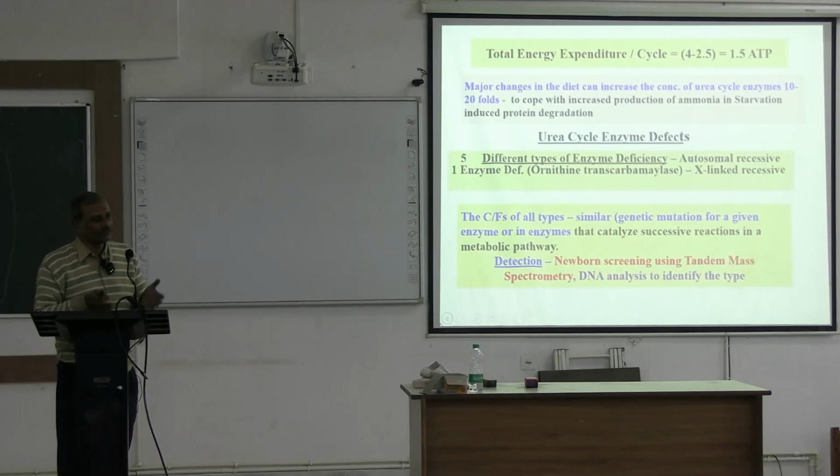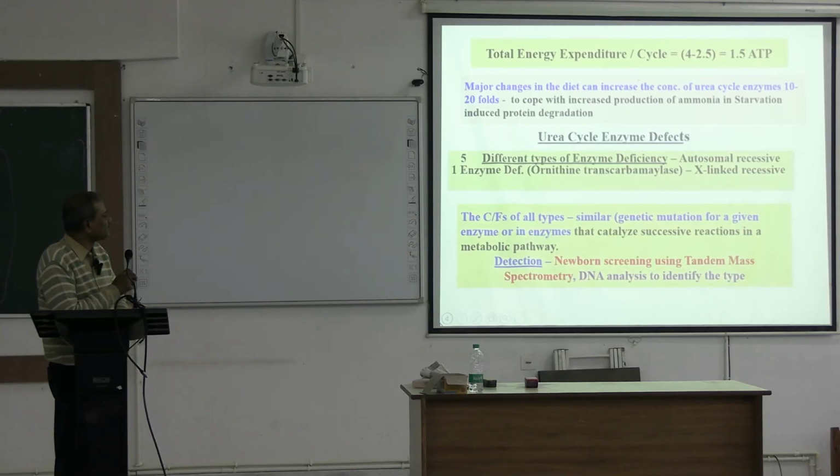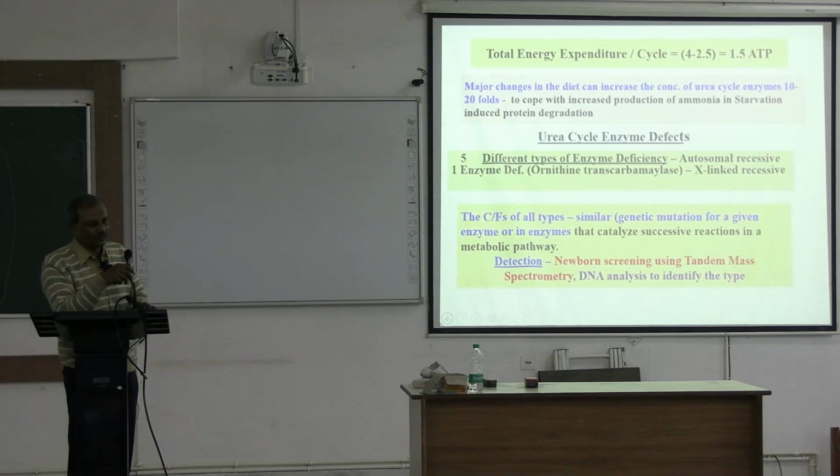So, urea cycle enzymes have to be increased manifold. It may be 10 to 20 times. Even if you take a large protein meal, that extra amino acid will be produced, so extra enzymes will be required. So, that will be increased.